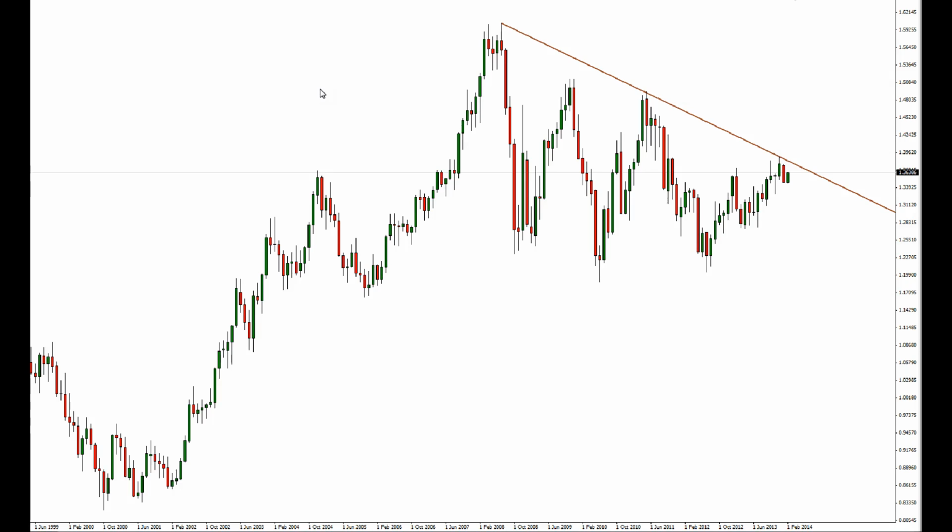About Euro, American dollar, EUR/USD, it's a pair that now is in confusion. We are at a very strong dynamic resistance level, so now we are seeing an evolution of the price within a range market.